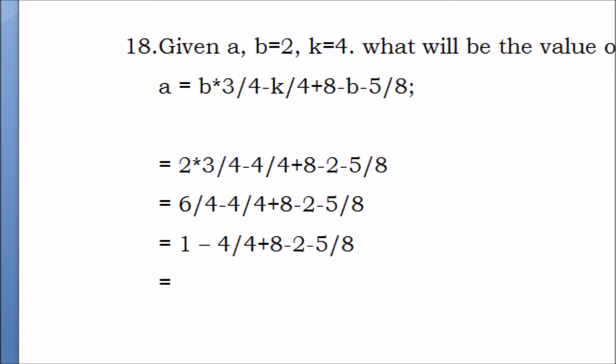Now which one will I take now? This one, okay, as again the division operator has higher priority over the subtraction operator. So what I write is 1 minus 4 by 4 is 1. I am going to place the quotient here, okay, remember that, plus 8 minus 2 minus 5 divided by 8. I've written it as it is.